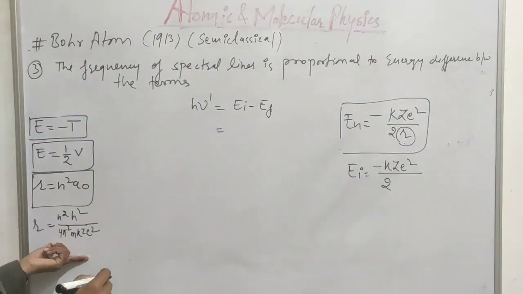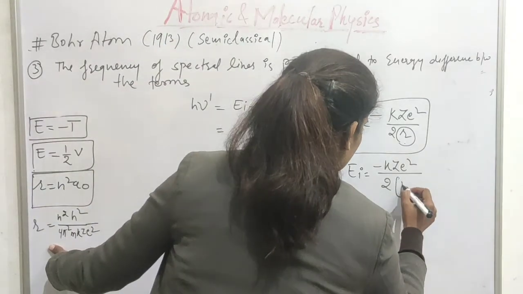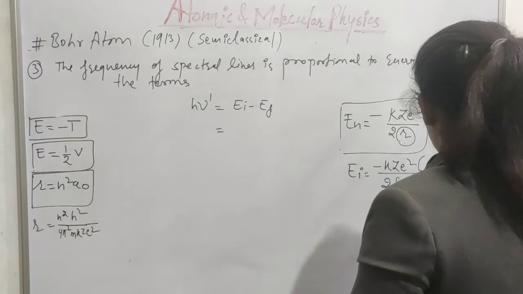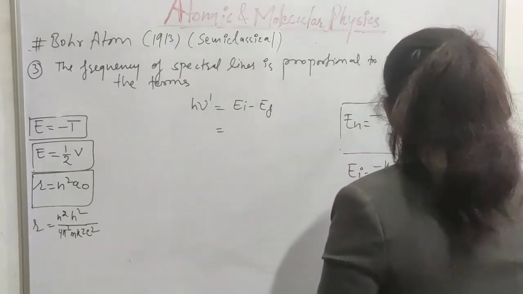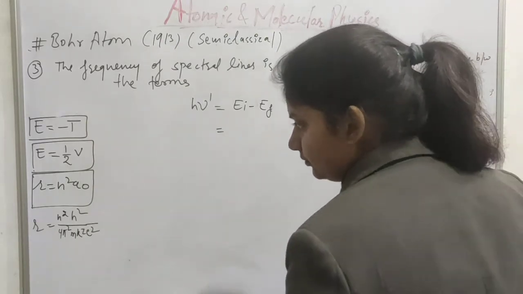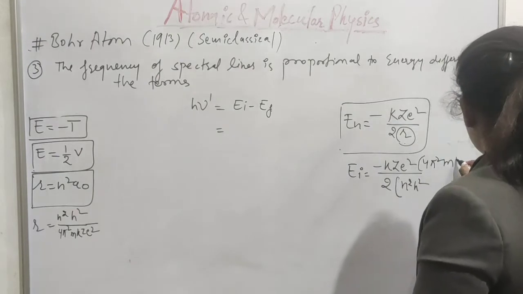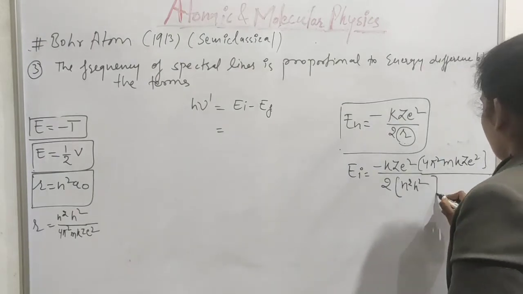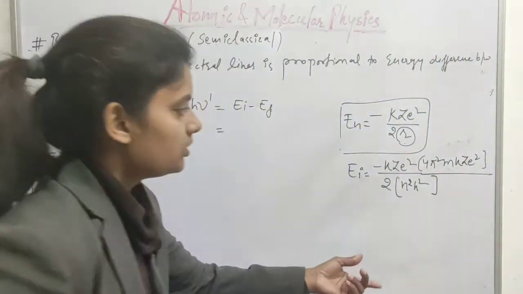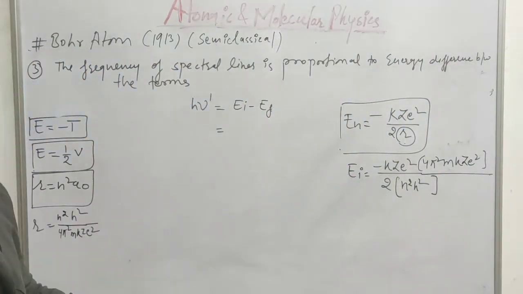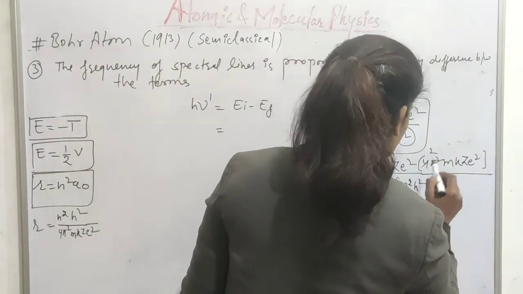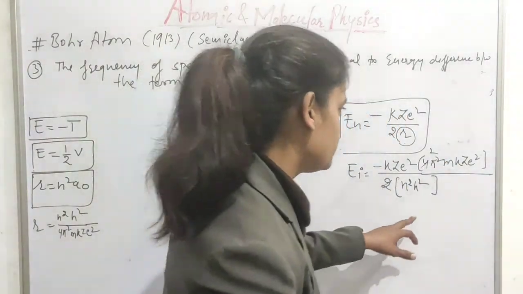R is n square h square, this term will go upside, over 4 pi square m k Z e square. So this is the value of energy by putting the value of R.